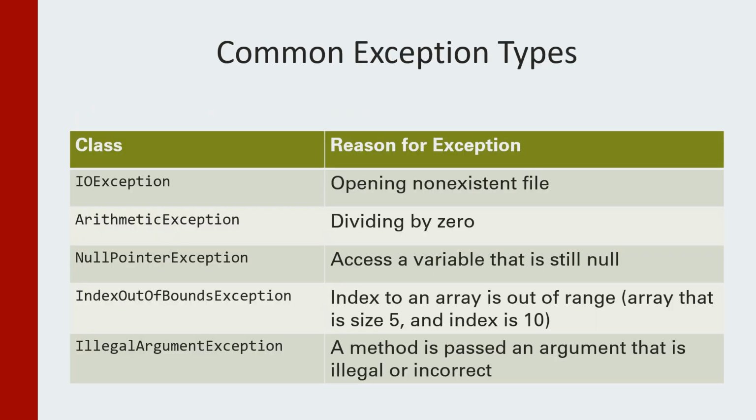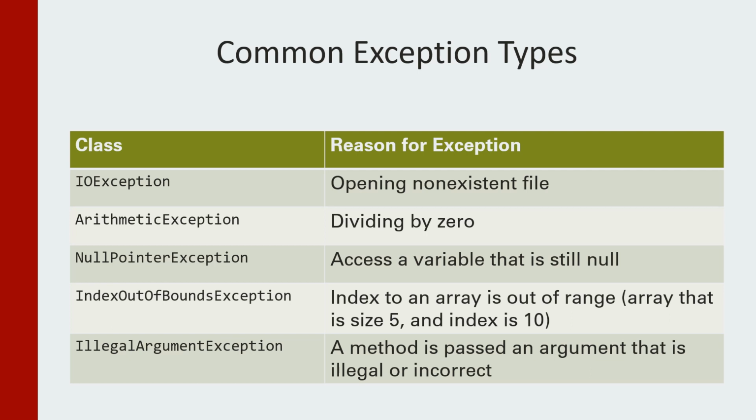There are a variety of exception types that are useful for us. So these are the five that I think are particularly important, although there are many. I have IOException, which is what would happen if you tried to open a non-existent file. ArithmeticException, which is what happens if you divide by 0. NullPointerException, which is accessing a variable that is still null.